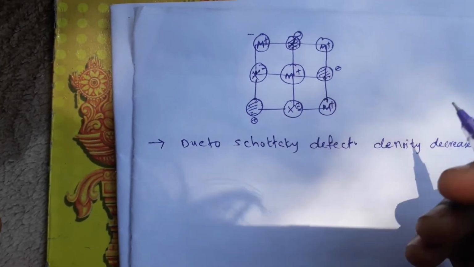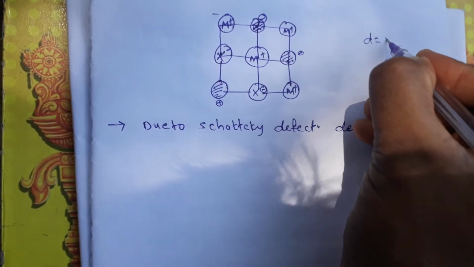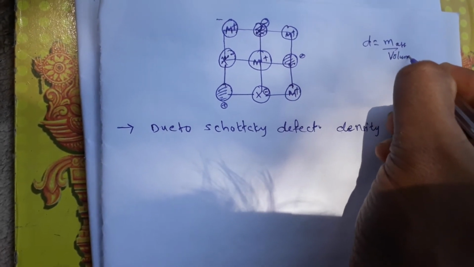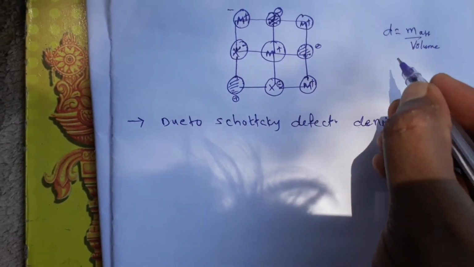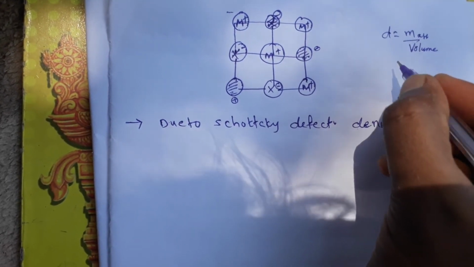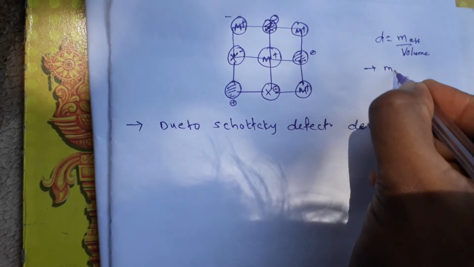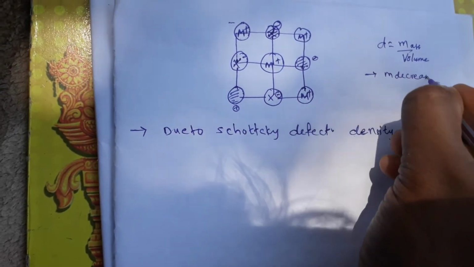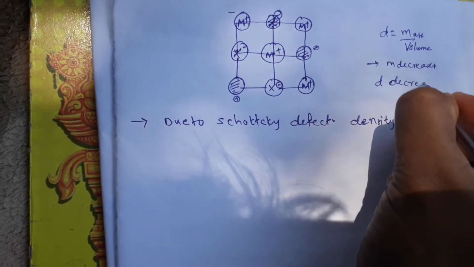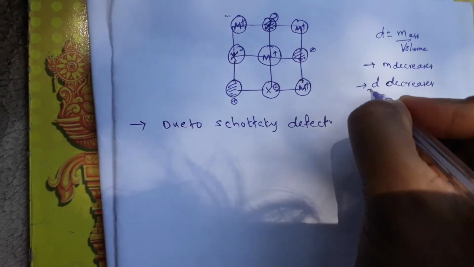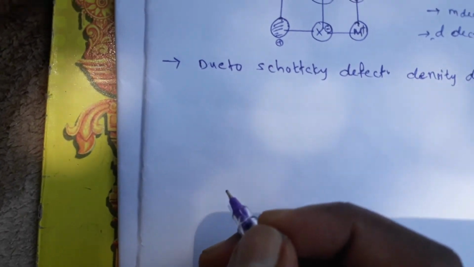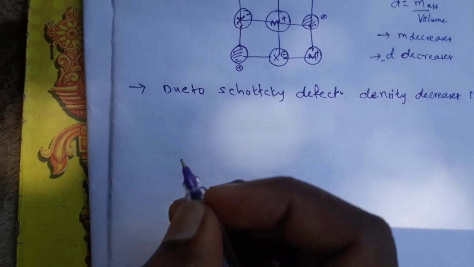Why does it decrease slightly? Density is equal to mass by volume. The volume doesn't change, but the mass changes because we are removing some atoms from the lattice. So mass decreases, and obviously density also decreases.